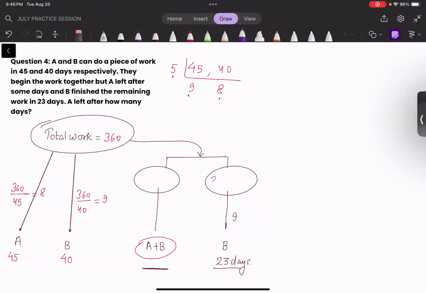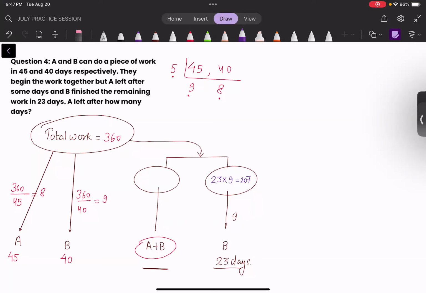Okay, so you are saying, sir, 23 into 9. Okay, 9 times 3 is 27, 9 times 2 is 18, 18 plus 2, 20. So 207 you will get. So 207 units of work are done out of 360.